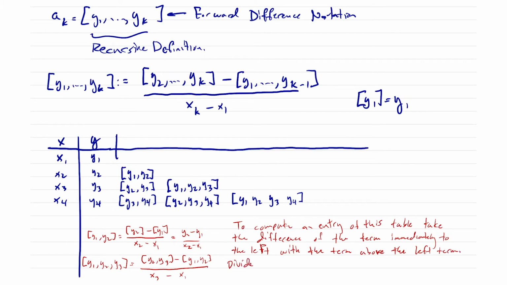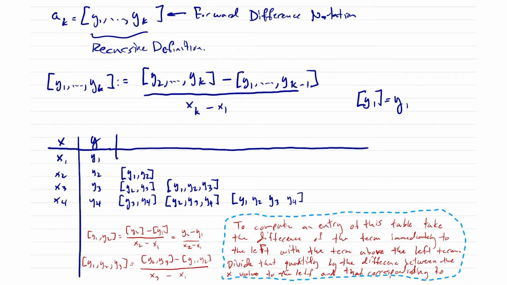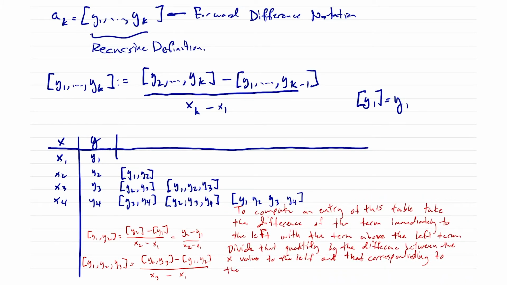And divide that quantity by the difference between the x value to the left and that corresponding to the y found along the diagonal. Right, it's probably the best I can explain it.